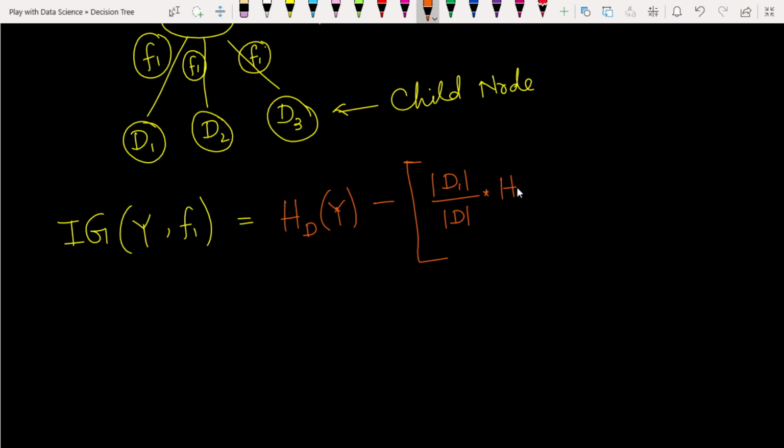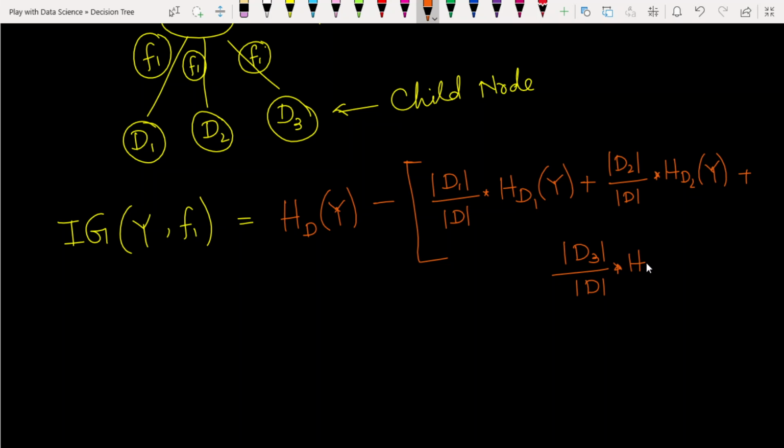This depends on the author. So H of D1 for the variable y, plus similarly for D2, into H of D2 corresponding to the variable y, plus and so on.